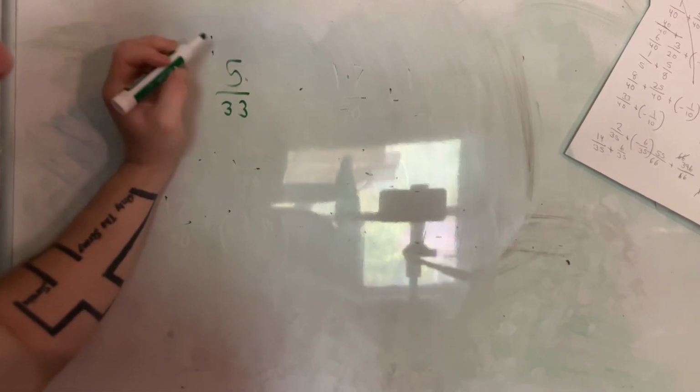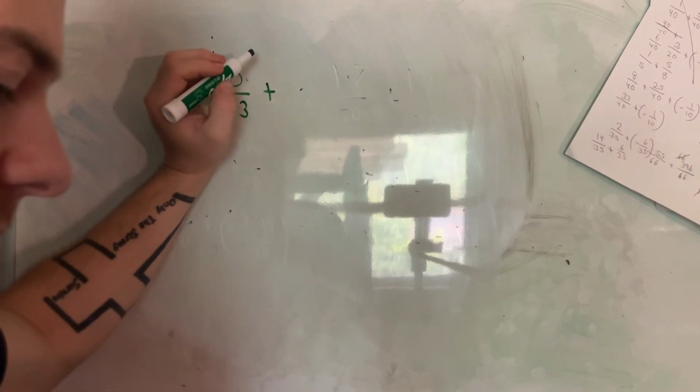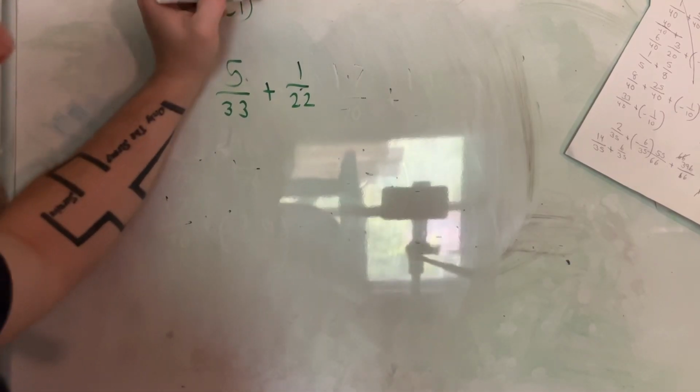The last problem I have is 5 over 33 plus 1 over 22. So the LCD, least common denominator, equals 66.